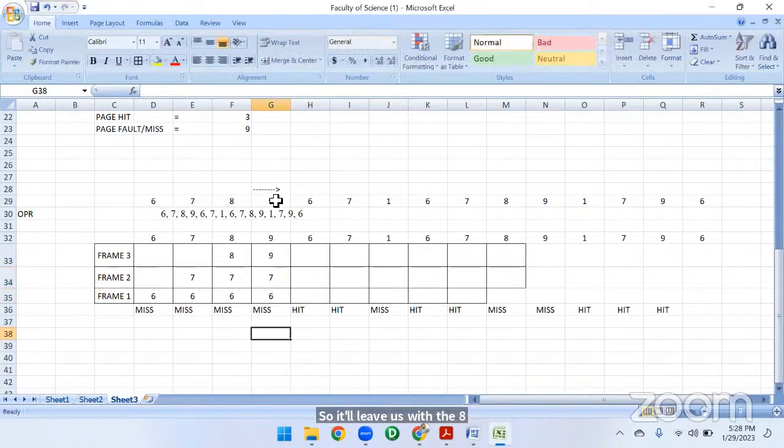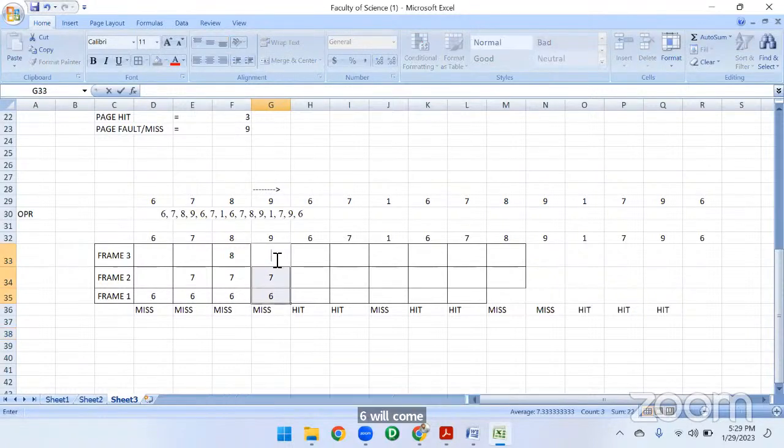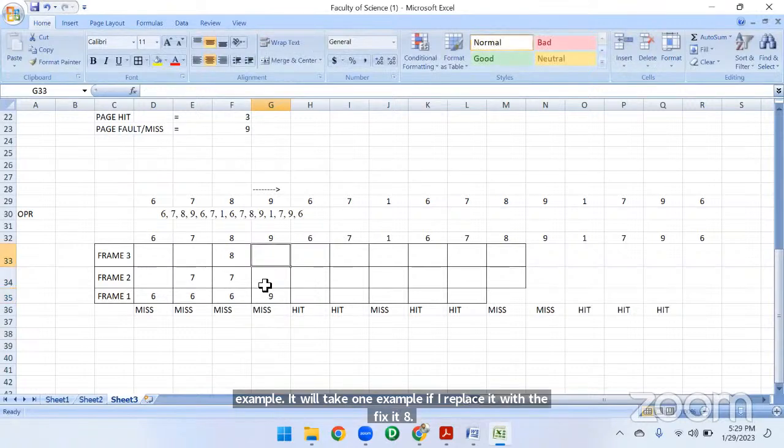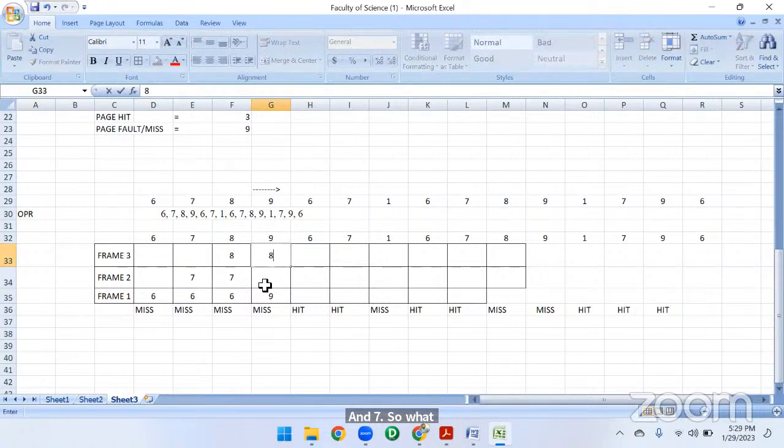So why, because if it is replaced with 6, what happens, again next 6 will come here. ఇప్పుడు ఇక్కడ suppose example, I have not replaced with 9. Suppose I have replaced with 6 immediately. Example, let me take one example. If I replaced with 6, 8 and 7, so what happened, next again 6 will come. 6 has to again come into the memory, right?